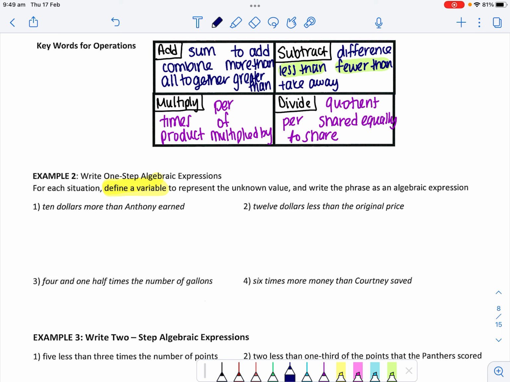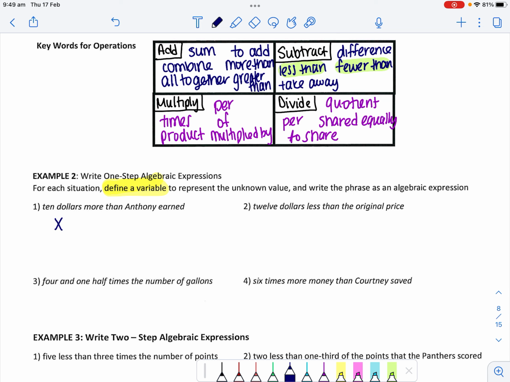So I'm going to use X to represent my variable. I like to use the letter X just for everything. You can use variables that represent whatever the situation is talking about. So if you want to use A for Anthony, if you want to use M for money, it's up to you. But I like to be consistent and I like to use X each time.